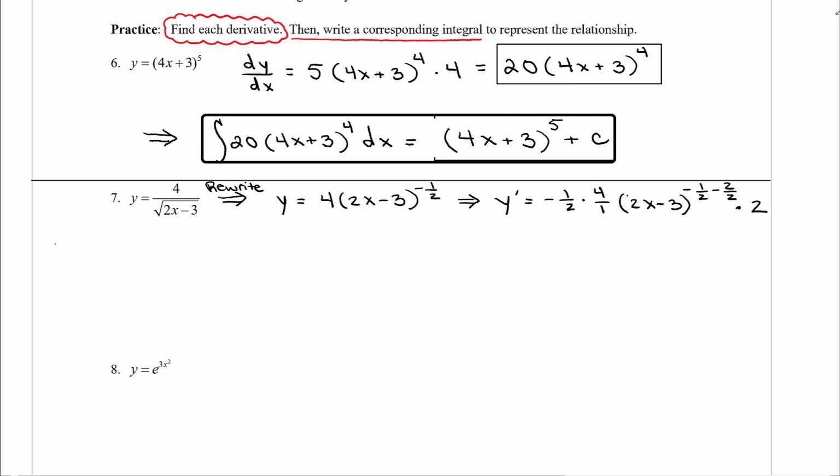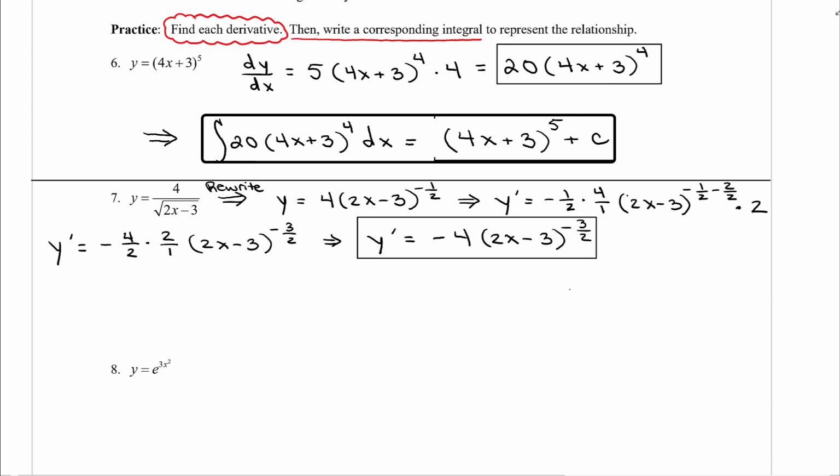The derivative of y is going to be equal to negative 1/2 times 4, which gives negative 4/2, times 2 over 1, times (2x - 3) to the negative 3/2. If we multiply negative 4/2 times 2 over 1, we just end up with negative 4 times the quantity 2x - 3, raised to the negative 3/2 power. I'm going to box in that derivative.